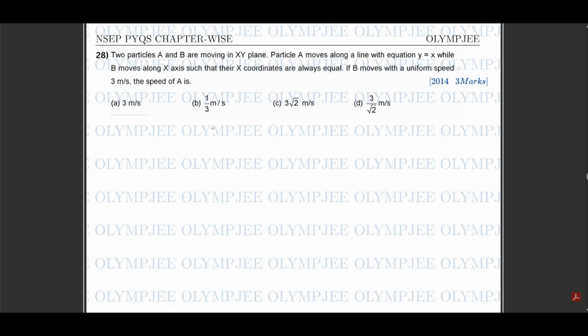Question 28 says that two particles A and B are moving in xy plane. Particle A moves along a line with equation y is equal to x, while B moves along x-axis such that x coordinate of A and B are always equal. If B moves with uniform speed 3 meters per second, then speed of A is. Assume this is the xy plane.